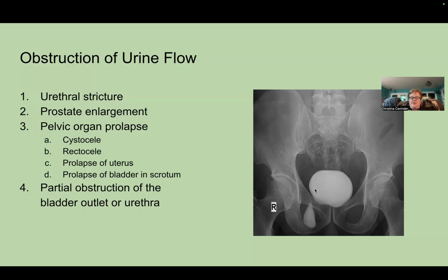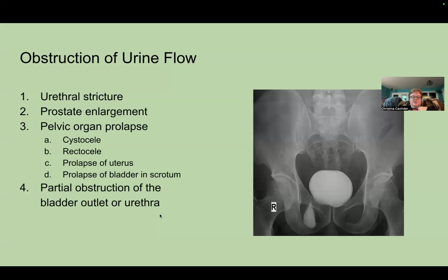You have your bladder here full of dye, but you see a pocket of dye here, and this is because there is a prolapse of the bladder coming down. Typically, this is coming down through the inguinal canal. The inguinal canal is where the testes come down when you're a baby, and then it seals off, but it's a weakened area. So you can get hernias of the intestine, bladder, anything like that coming down through the inguinal canal.